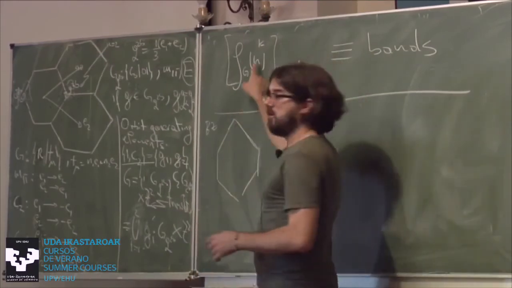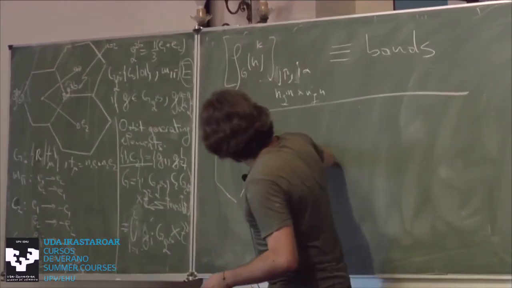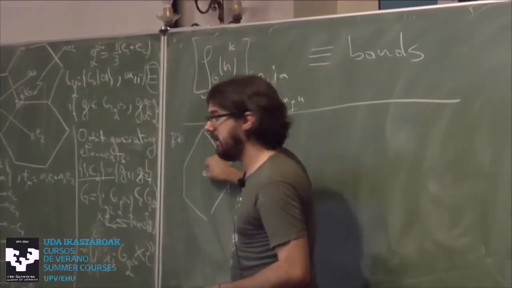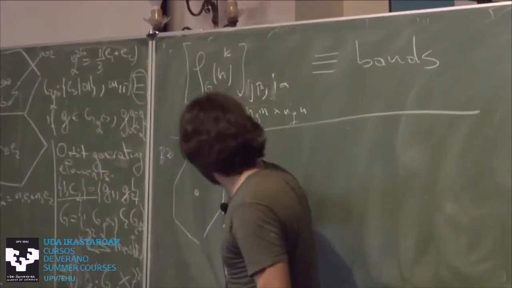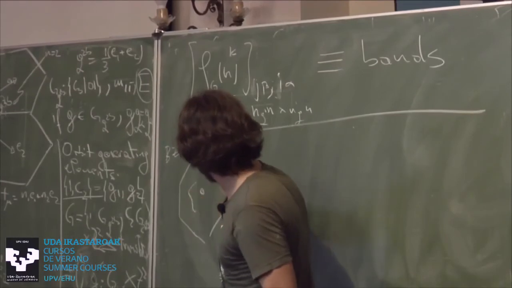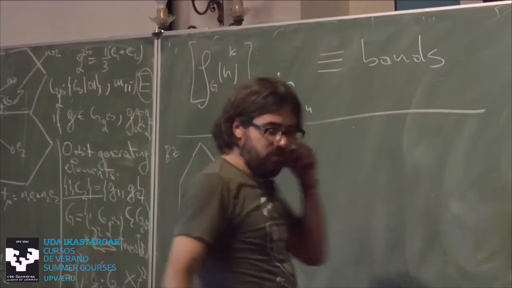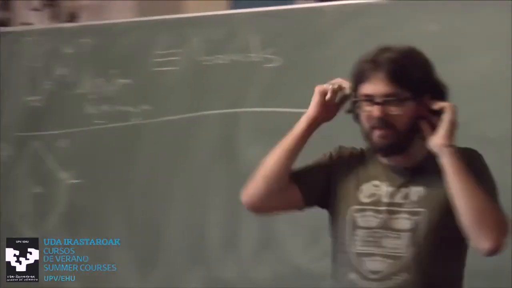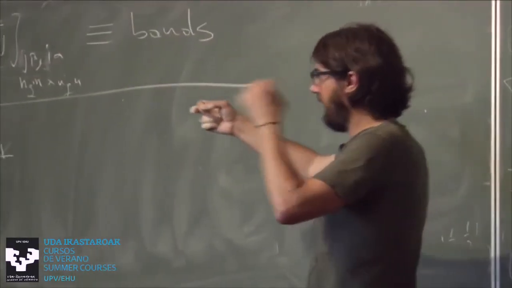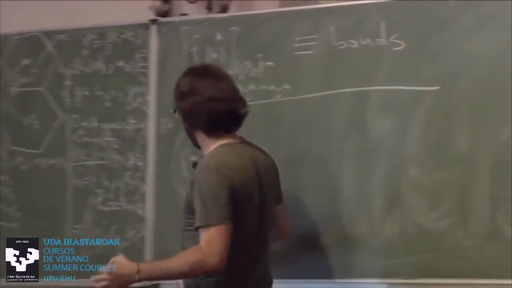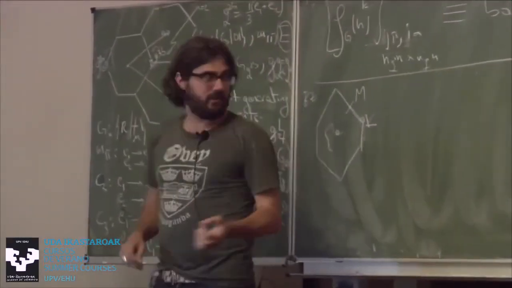What happens to this band representation when I particularize 2 points of high symmetry in the Brillouin zone? So now we're going to find how the band decomposes at high symmetry points in the Brillouin zone.